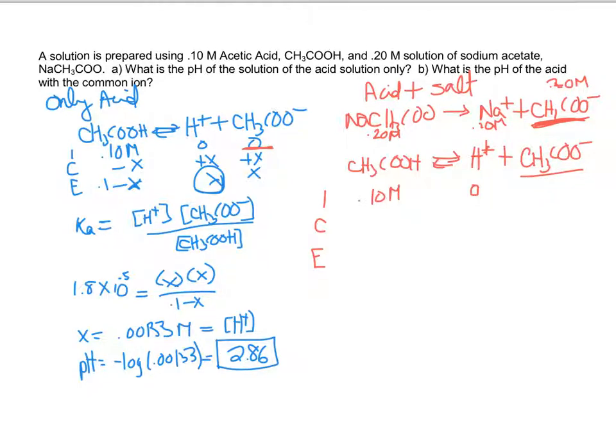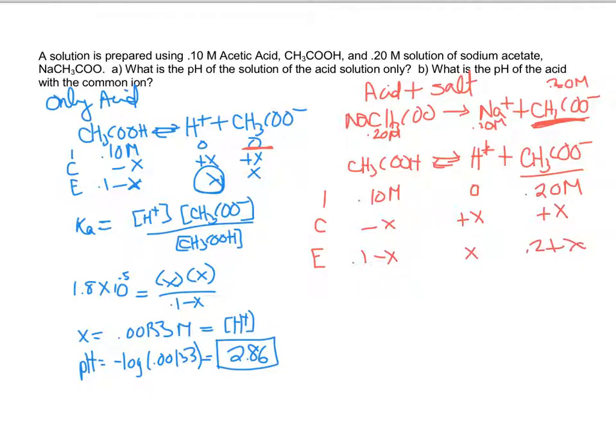So that is going to be my initial for this one here, 0.20 molar. And then the rest of it is the same. This is minus X. Some of this will dissociate. It's going to form some H plus and some acetate. So this is 0.1 minus X, X, and 0.2 plus X.